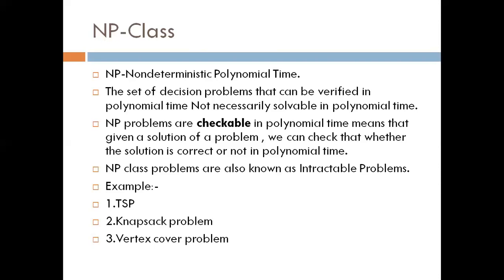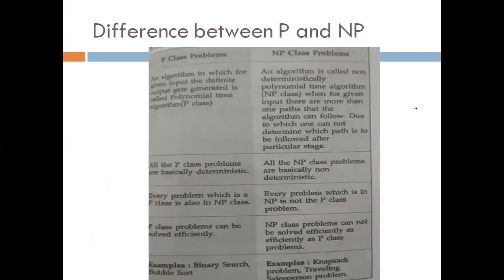NP class problems are also known as intractable problems, and P class problems are also known as tractable problems. Examples of NP class problems: traveling salesperson problem, knapsack problem, and vertex cover problem.